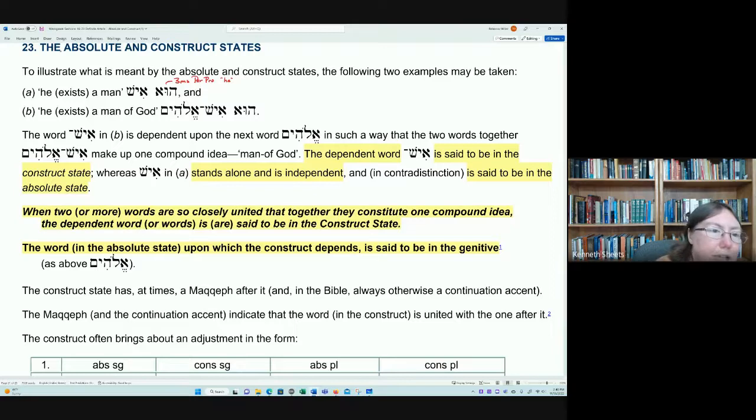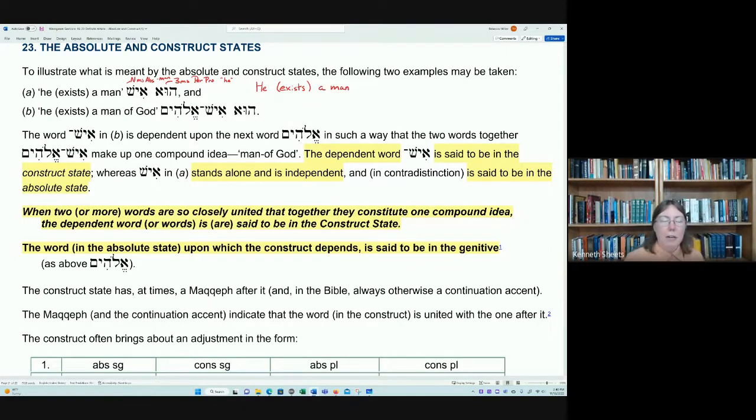And then we have ish over here, which is going to be a noun, and it is masculine singular absolute from ish, having the idea of man. So thus we would understand that this would then be he, understood verb of existence, he exists, a man.